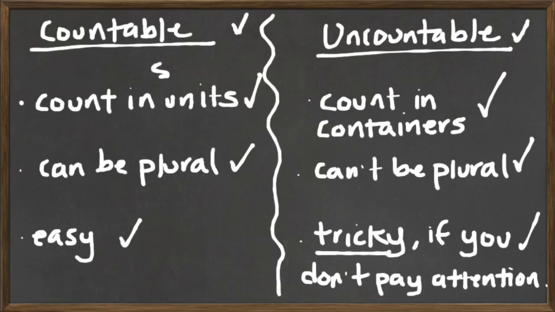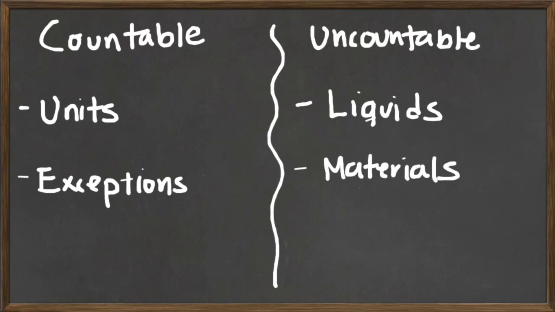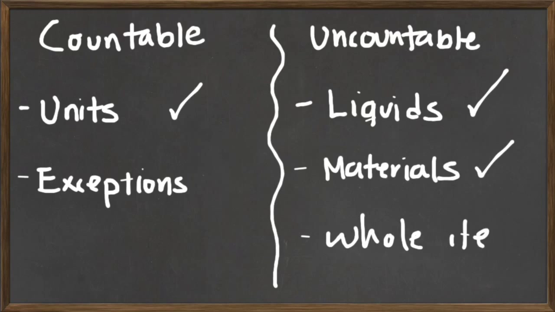Let's review a little bit about countable and uncountable nouns. Countable nouns are units, things that are big enough to be counted, whereas uncountable nouns are normally liquids or materials, most of them, not all of them. We also count whole items.